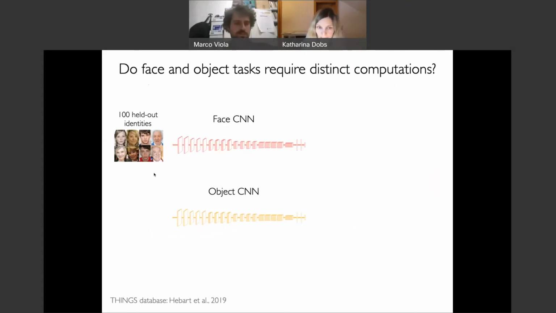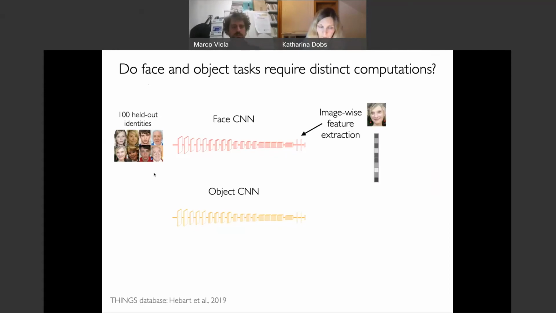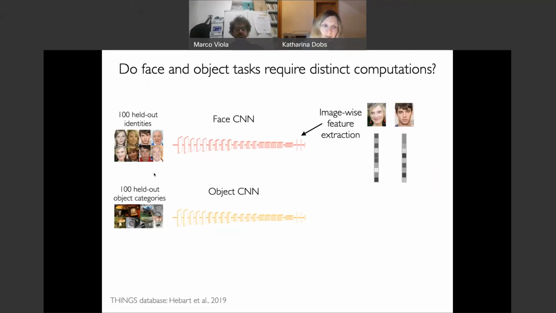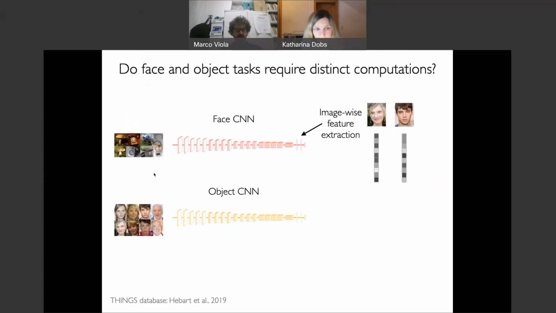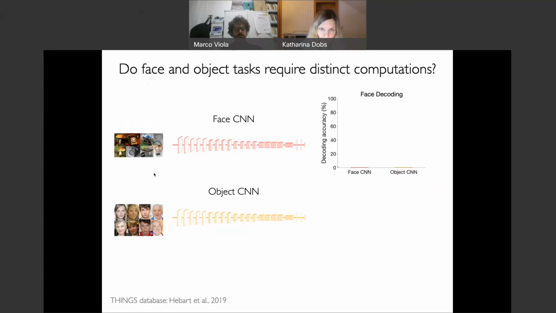We showed them to the face CNN and extracted the features for each of those images. But then we also had 100 held-out object categories. These were objects that we took from the THINGS database, so they were completely novel objects the object CNN had never seen or been trained on. And then we also showed the face images to the object-trained CNN and the object images to the face-trained CNN, again extracting those activations.